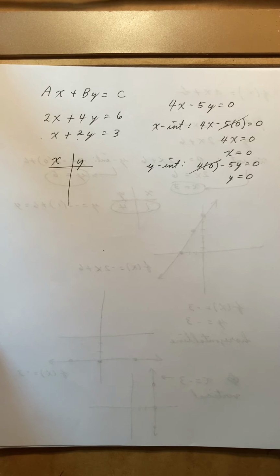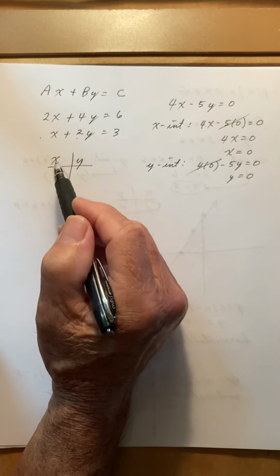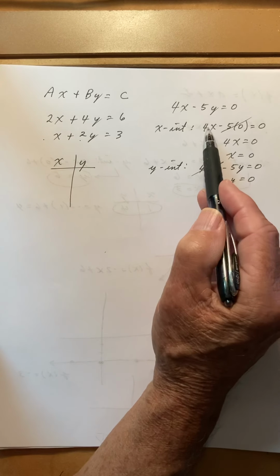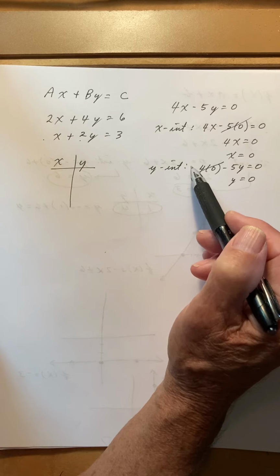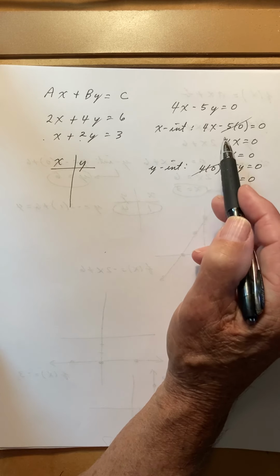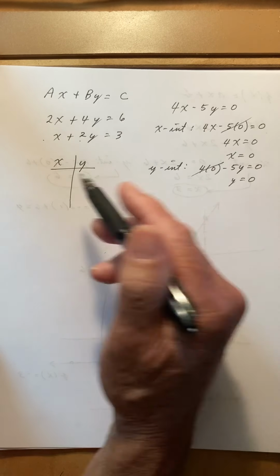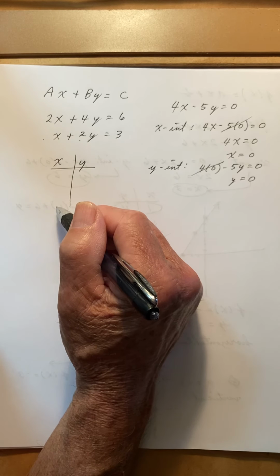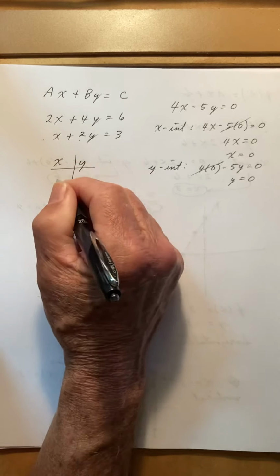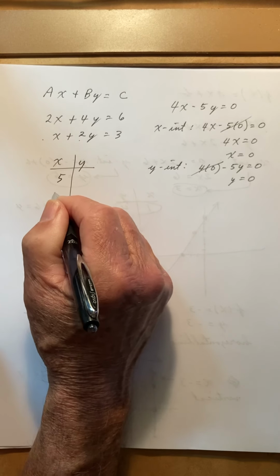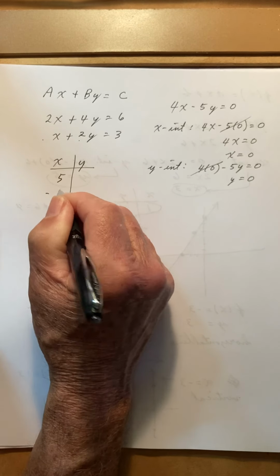So since we're going to have to end up dividing by either 4 or 5, we need to use some value for x that is, say, a multiple of 5. So I'll use 5, and since I need a second point, I'll use -5.